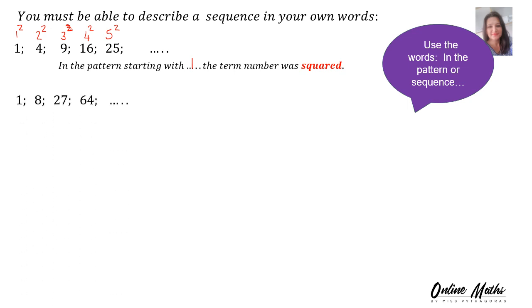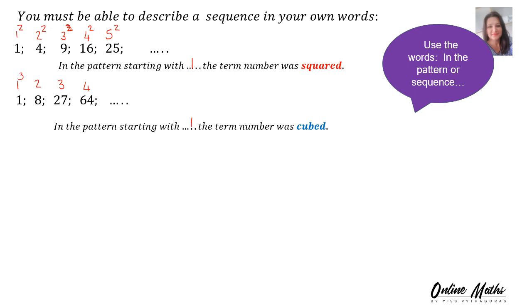In the next sequence, 1, 8, 27, 64. In the pattern, starting with 1, the term number was cubed. Again, where do you find the term number? First term, second term, third term, fourth term. So the term number was cubed means 1 cubed is 1.